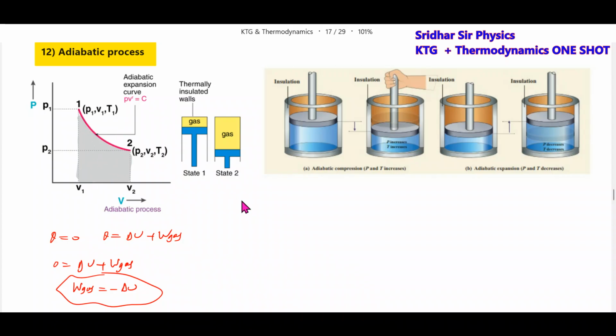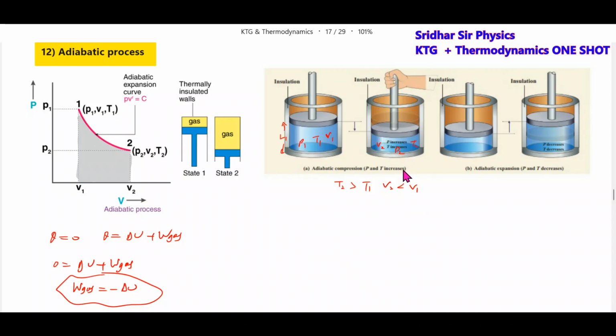Now after this, how actually does the process happen here? If you look, there's a piston in this position, call the length L1. I'll move the piston downward, and there's no heat exchange. I'll do work. Then what will happen? The temperature of the gas will increase. T2 greater than T1, V2 less than V1.